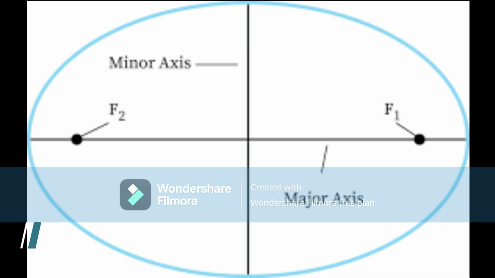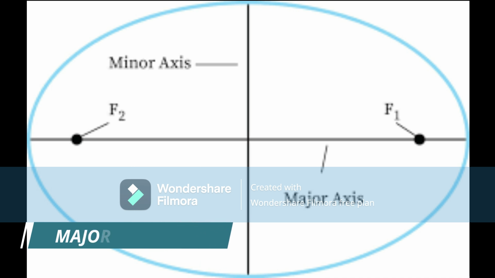One of these diameters must be greater than the other, and the other must be lesser. And so we've given these two diameters distinct names. The longer diameter, we call the major axis of the ellipse, and can you guess what we call the shorter diameter? Yeah, that's the minor axis. If you got that correct, please pat yourself on the back.